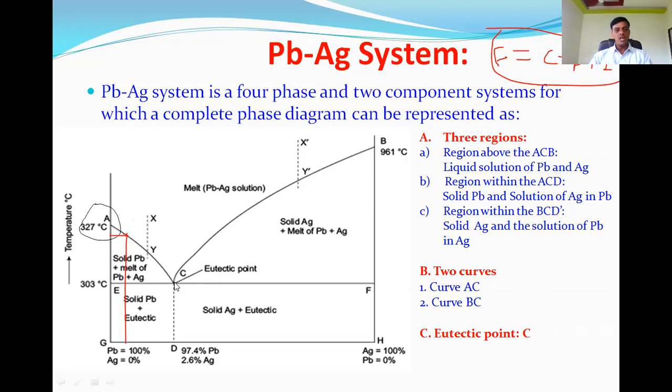All the three phases exist in equilibrium with each other. This solution phase, solid lead phase and solid silver phase exist in equilibrium at this point. That is why it is said to be a eutectic. Eutectic means intersecting point where all the phases of the system exist in equilibrium.